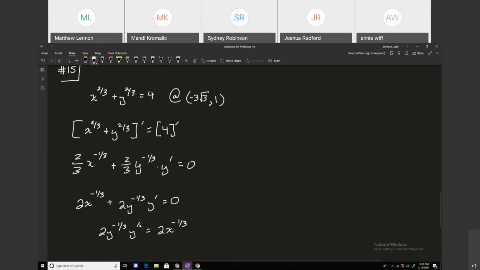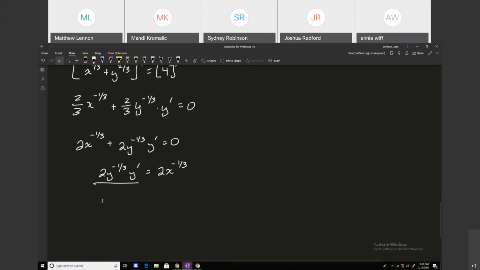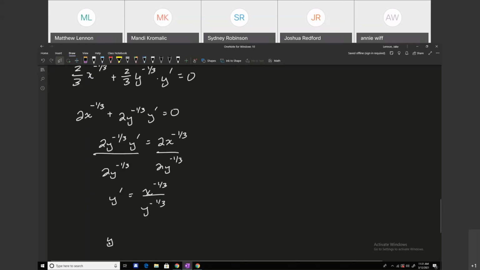And then divide by 2y to the negative 1/3. So we have y prime. The 2's cancel. We get x to the negative 1/3 over y to the negative 1/3, which is actually the same thing as y to the 1/3 over x to the 1/3, or if you prefer, the cube root of y over the cube root of x.